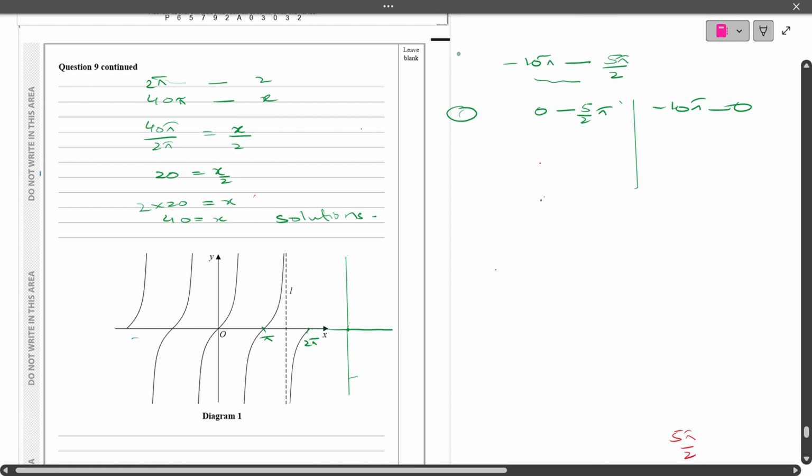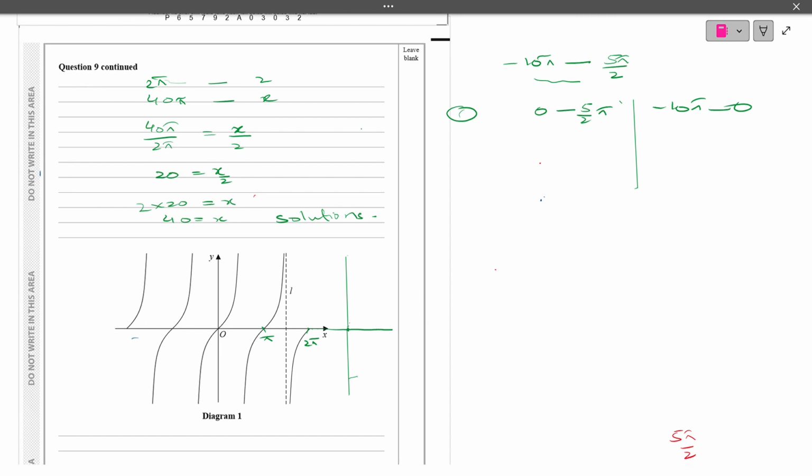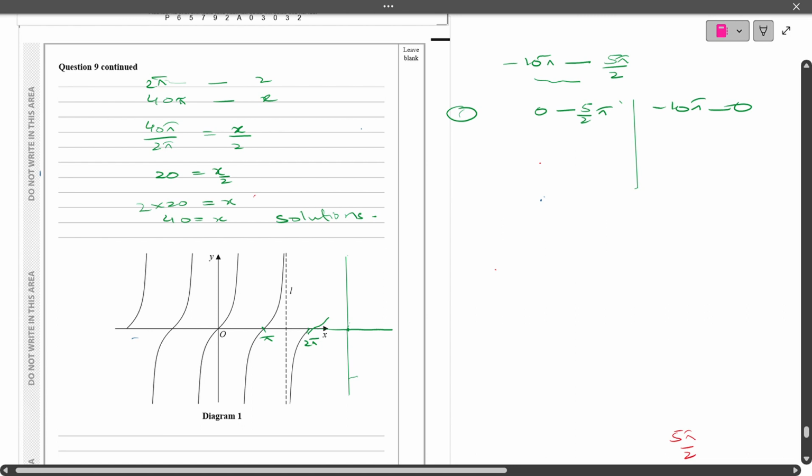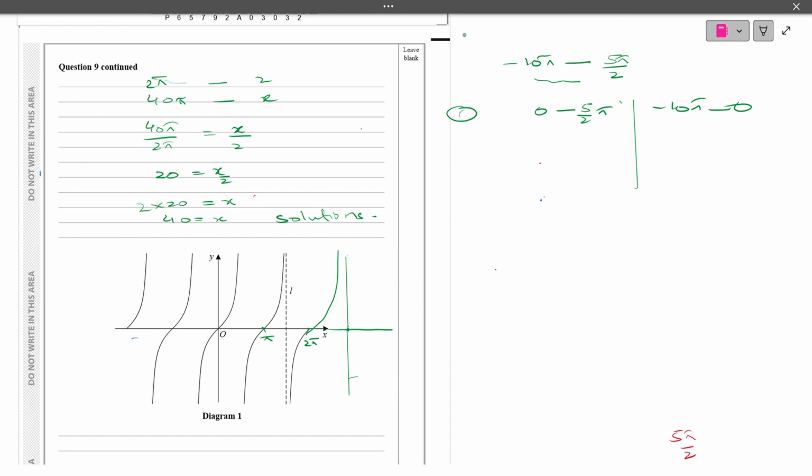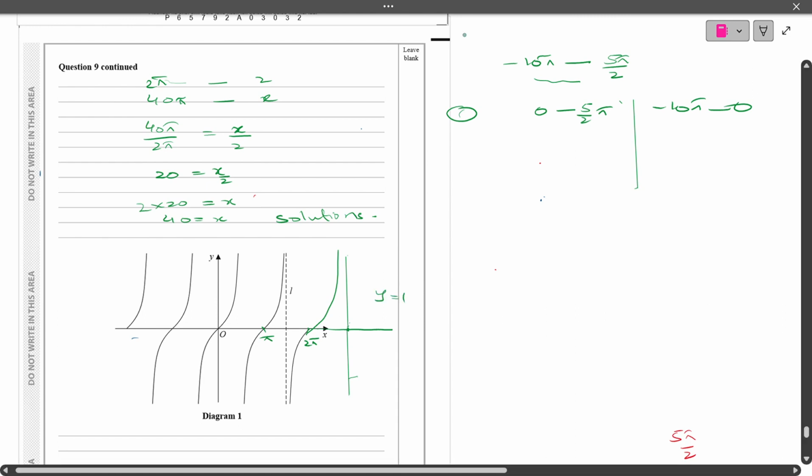So I can draw this curve, I can extend and draw this curve something like this. So it's here like that. So y equals to 1 is the horizontal asymptote, and it is here. Let's say it's here.